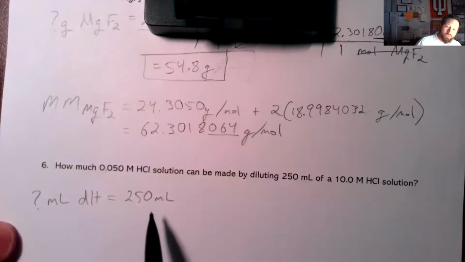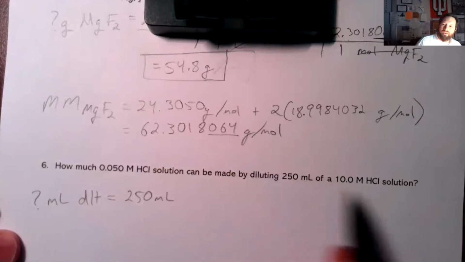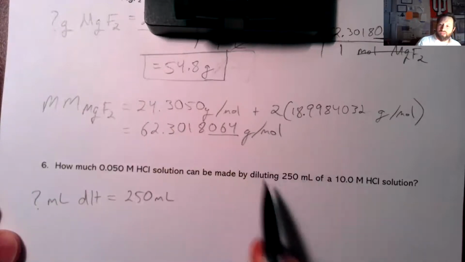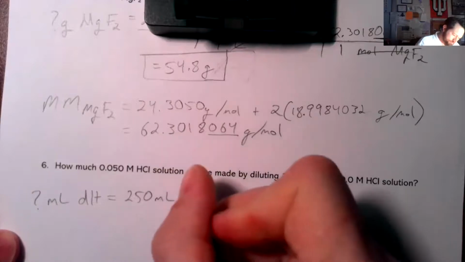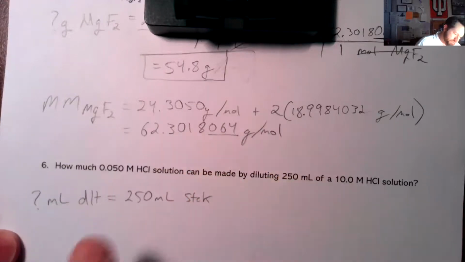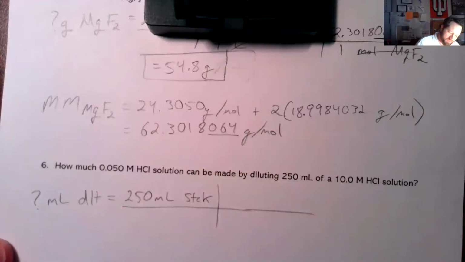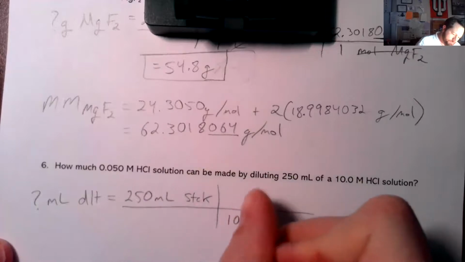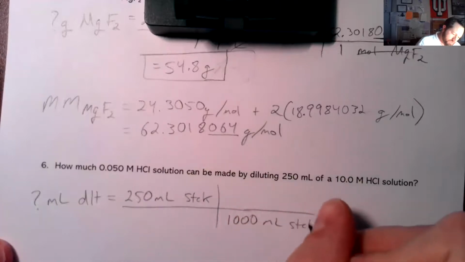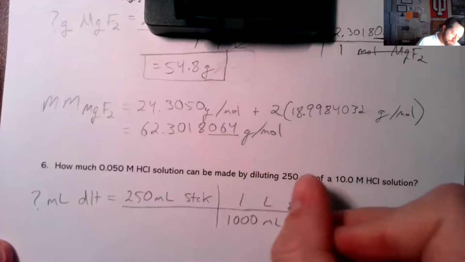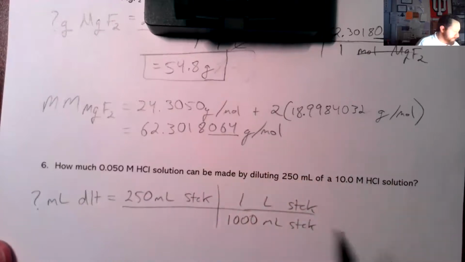A little different than what we've been doing, though. This one is a volume of the stock. So we have 250 milliliters of stock solution. And experience is just letting me know that I want to go from milliliters to liters first.